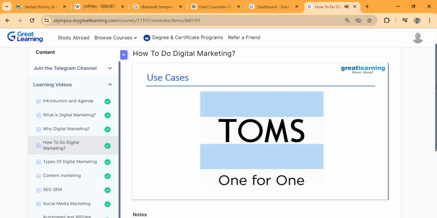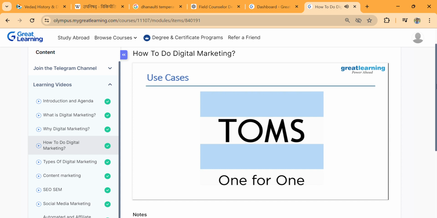The other example here is of Toms. When you talk about marketing, there are different ways to reach out to people. Toms is a US company that sells shoes.